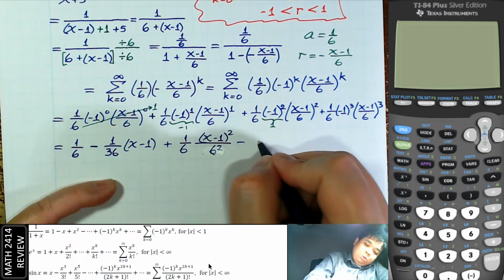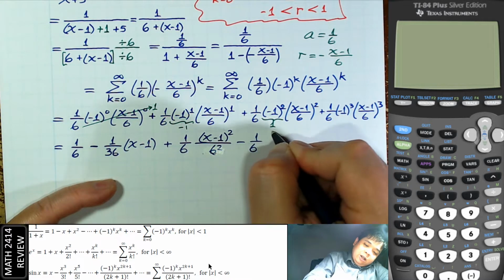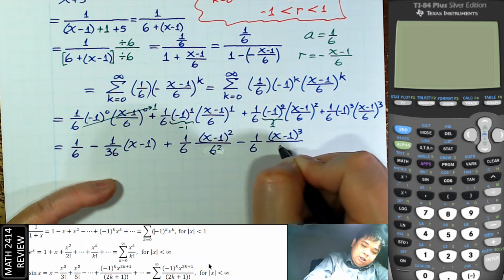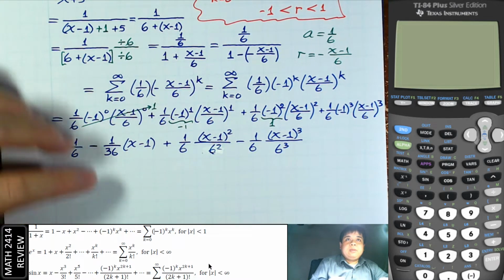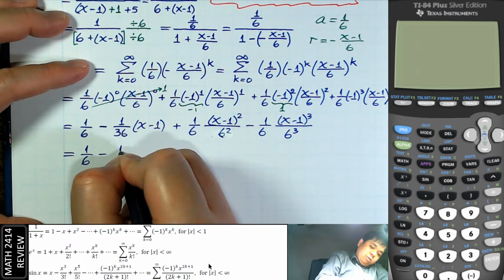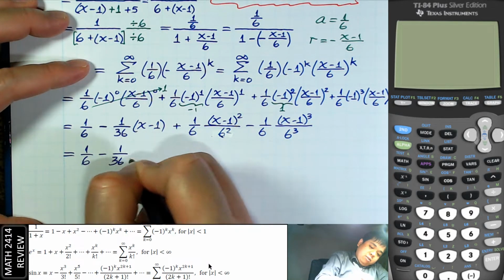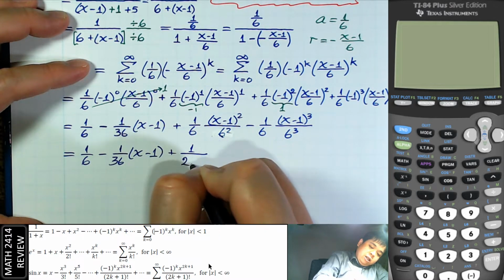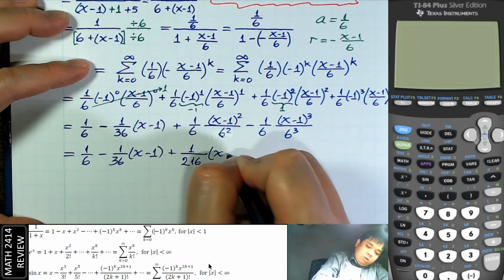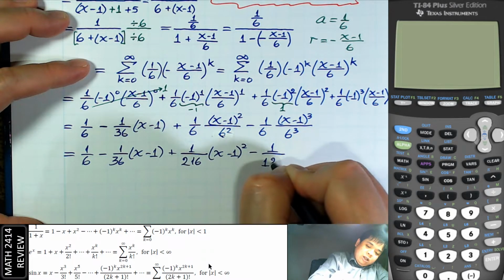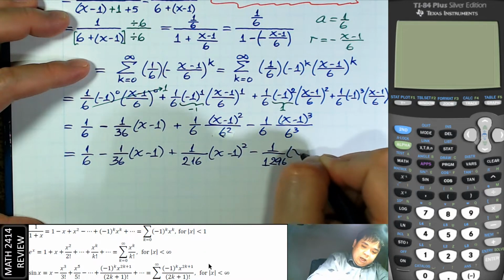And negative 1 cubed is negative, x minus 1 cubed, and then 6 cubed. Simplify this, we have 1 over 6 minus 1 over 36, x minus 1, plus 1 over 216, x minus 1 squared, and 1 over 1296, x minus 1 cubed.